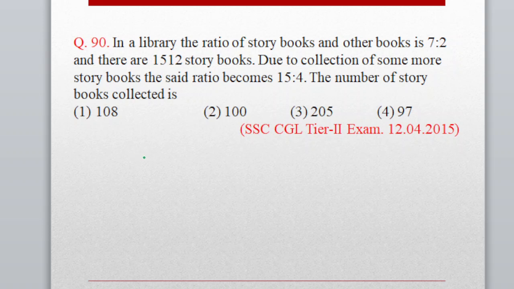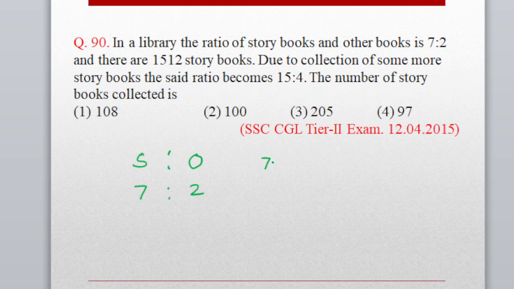Now here, listen, the ratio between storybooks and other books is 7:2. It is given that there are 1512 storybooks.